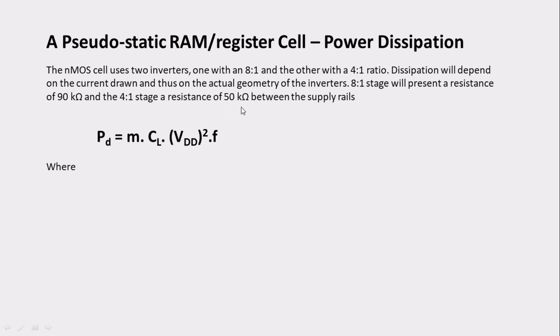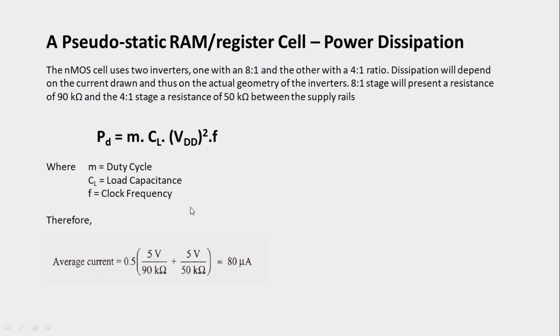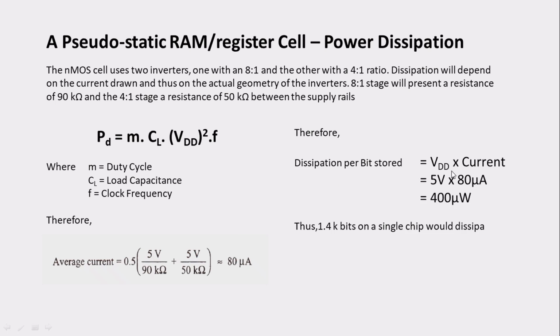Based on this, if we calculate our power dissipation, the average current we are going to get is 80 microamperes. Now again, how to calculate power dissipation? Dissipation per bit stored is going to be VDD into current, so it is going to give us 400 microwatts.